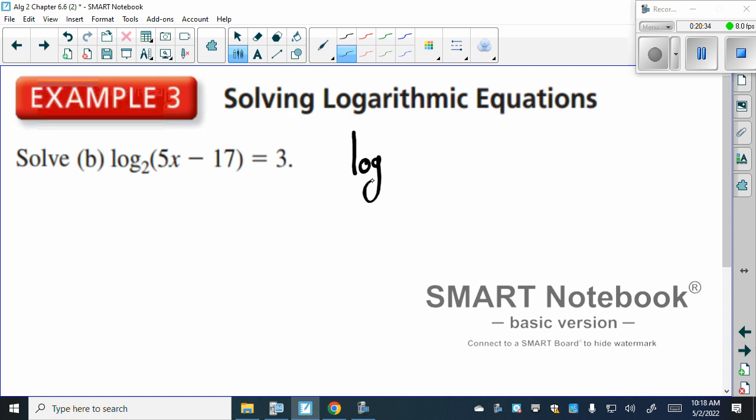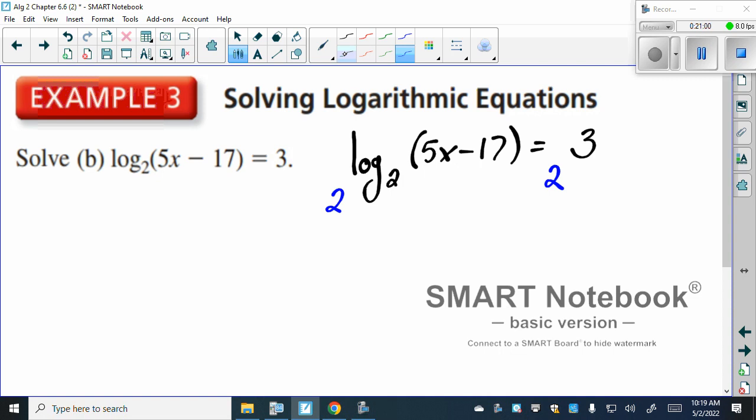So here we're looking at log base 2 of 5x minus 17 is equal to 3. Now this one here is a little bit different because this time we're starting with a logarithm, not an exponential. But what we can do for this here is put these both to a base of 2.